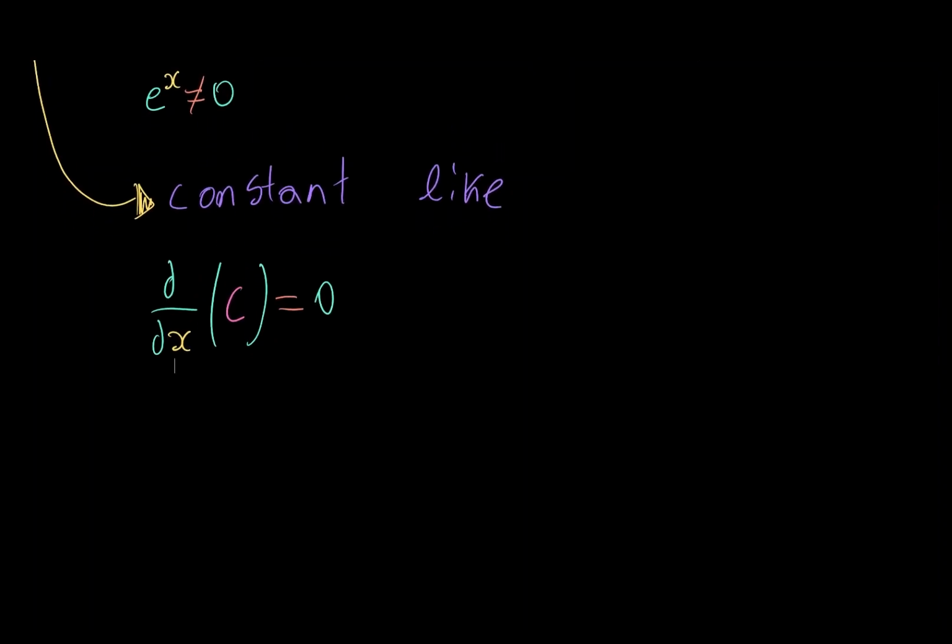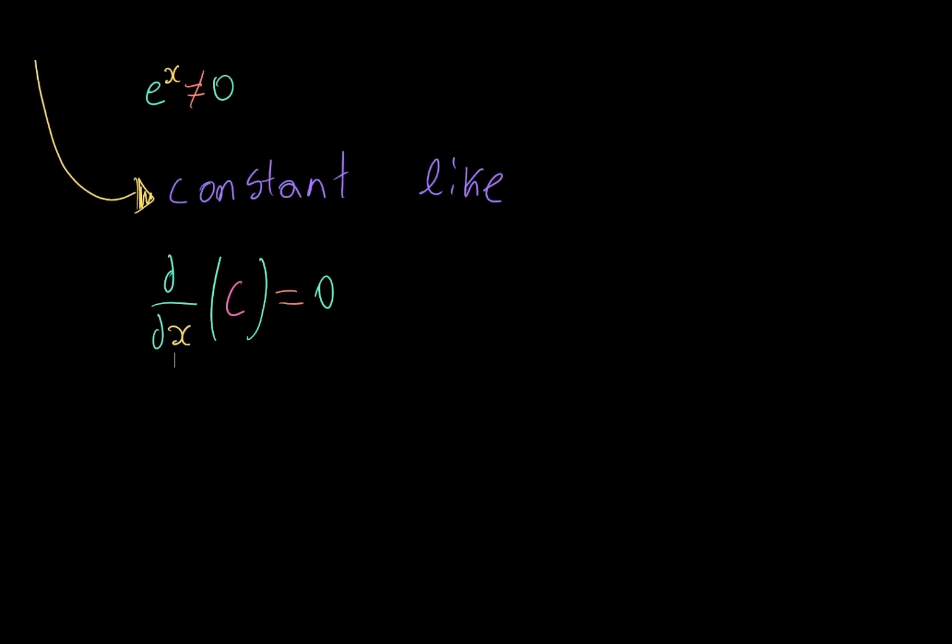And this is very similar for polynomials, because if you were to take the derivative of, let's say, 2x, then if we apply the power rule, this would just become equal to 2.